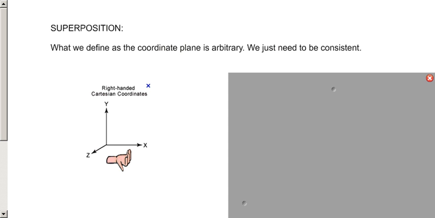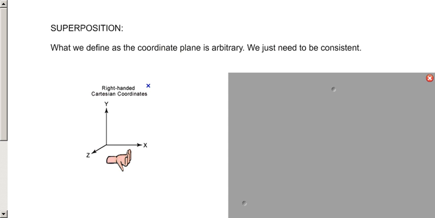Okay, so the last idea I want to touch on is an important idea in physics, which is called superposition. Usually when we're talking about the origin, here's where the origin is, or this is the x direction, or this is the positive direction, we're defining these things rather arbitrarily, and it doesn't matter where you set the origin.